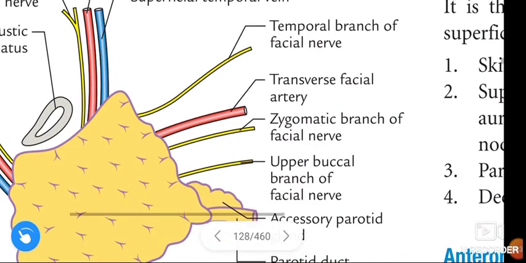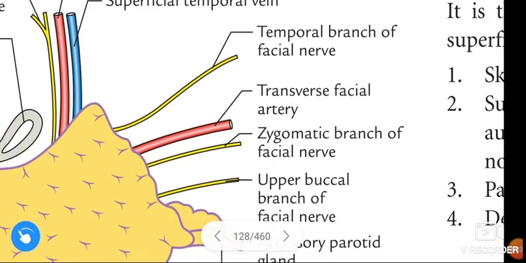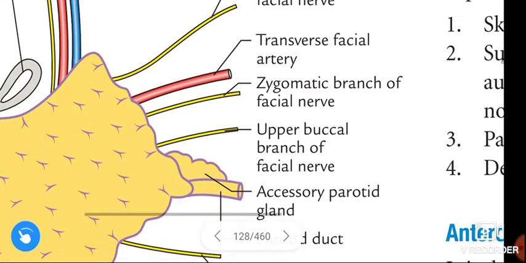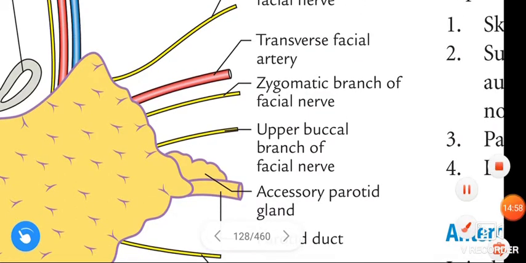Once again, the structures above the parotid duct are the temporal branch, zygomatic branch, transverse facial artery, and upper buccal branch of the facial nerve.